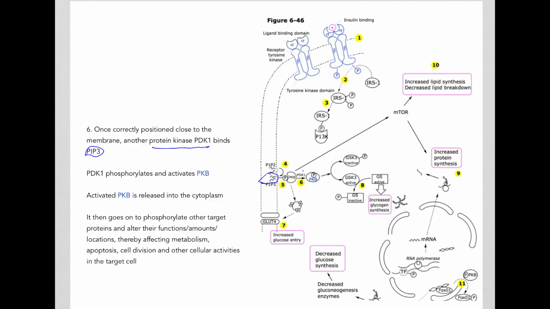So PDK1 will now bind also at the membrane, and PDK1 will phosphorylate and activate protein kinase B. Okay, so PKB now is phosphorylated, and once it's phosphorylated, PKB is released from the plasma membrane. It enters the cytoplasm.